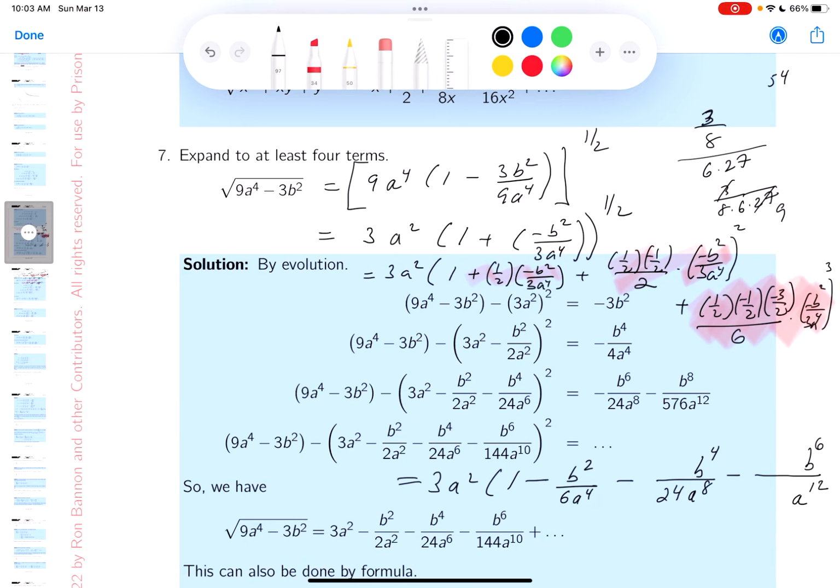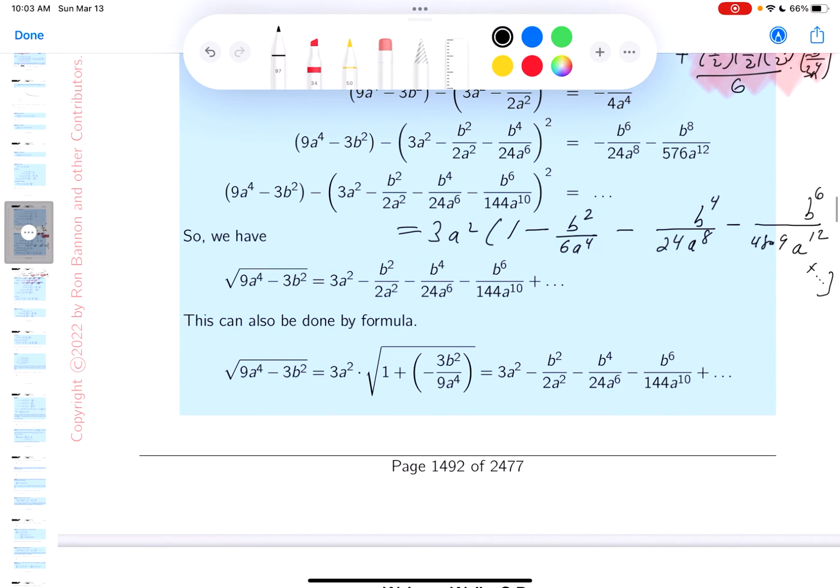You know what I'm going to do, because I have to multiply later on? I'm not going to multiply it out. I'm going to say 48 times 9. Again, I'm going to save myself some effort over here. I'm going to say plus dot, dot, dot. I got to multiply it out, though. And here comes my work.